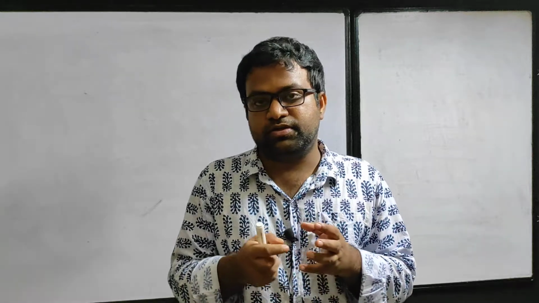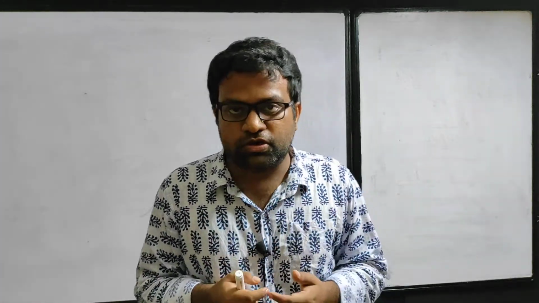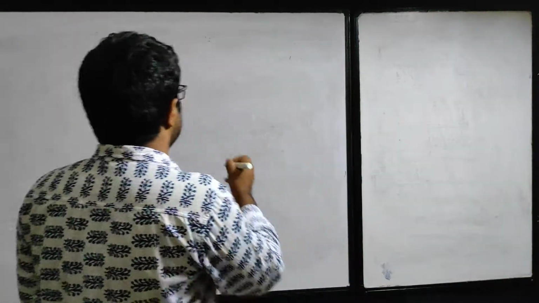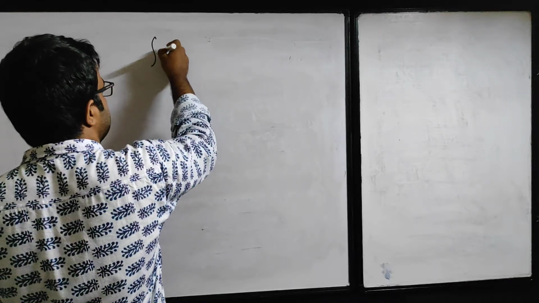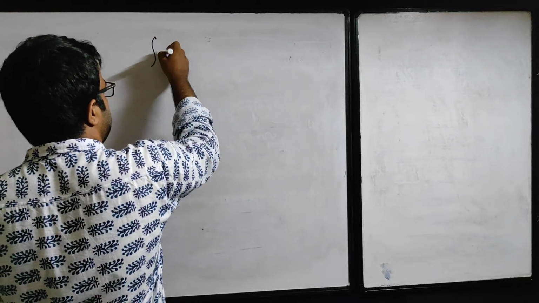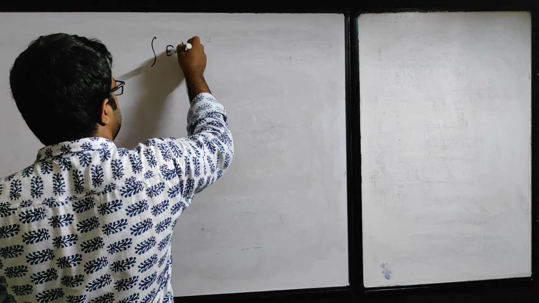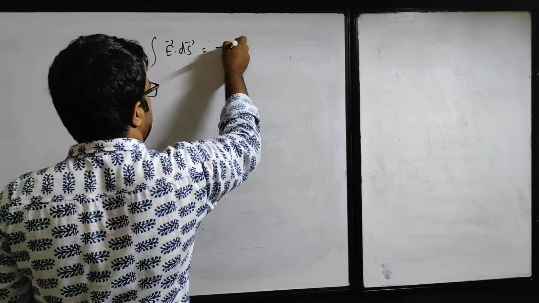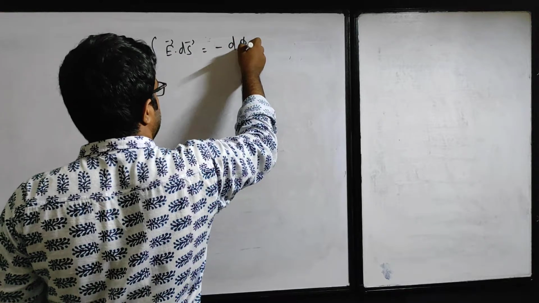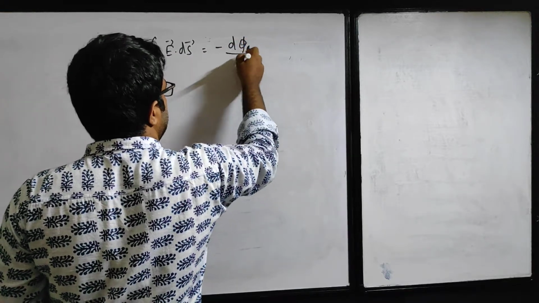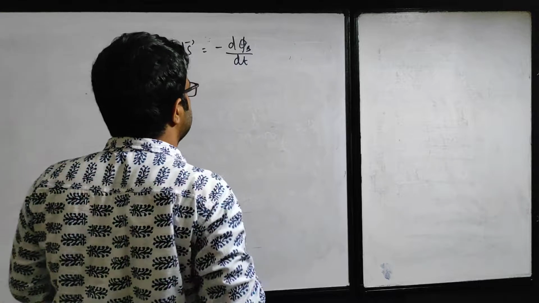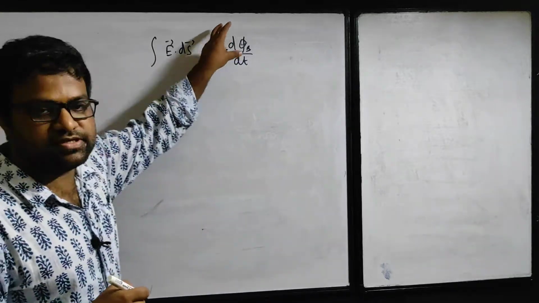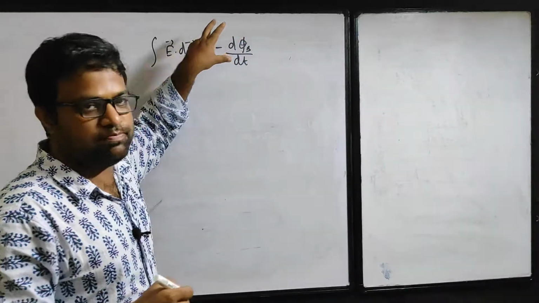And we know from Faraday's law that the integration of E dot ds is equal to minus d phi B by dt, that is the rate of change of flux.